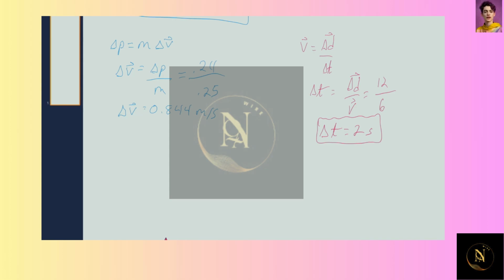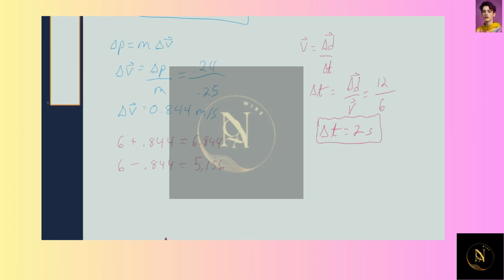Now back over to our regular solution. If I take a look at the velocity of 6 meters per second, and I add 0.844 to it, and I subtract 0.844 from it, that would give me 6.844 and 5.156.